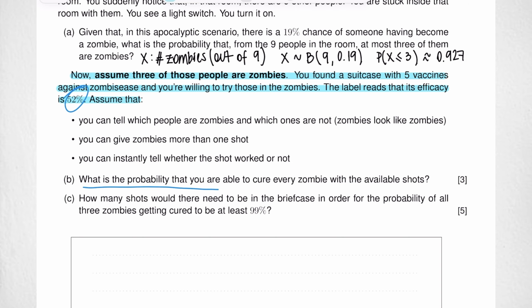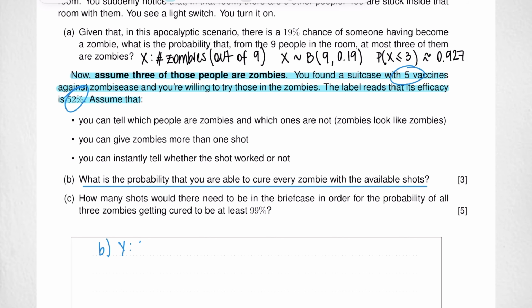Now, what is the probability that you're able to cure every zombie with the 5 available shots? Well, from these 5 shots, at least 3 of them have to work. And we have a different discrete random variable now, which we're going to call capital Y. So capital Y is the number of shots that work out of those 5.